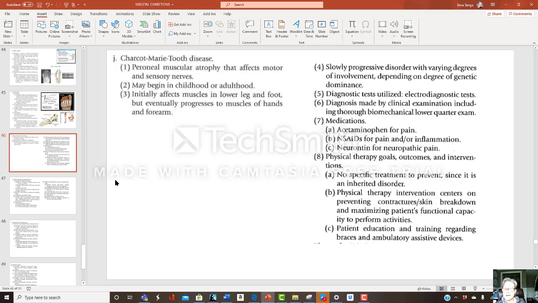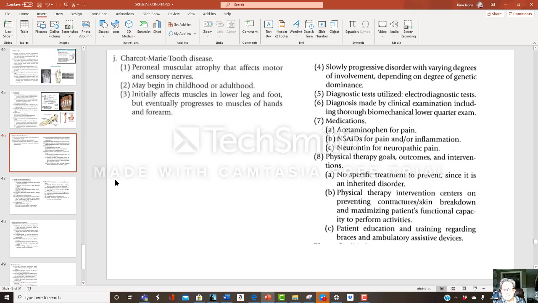Diagnosis is made by clinical examination, including thorough biomechanical lower quarter exam. Medications: acetaminophen for pain, NSAIDs for pain and/or inflammation, Neurontin for neuropathic pain. Physical therapy goals, outcomes, and interventions include no specific treatment to prevent, since it is an inherited disorder.